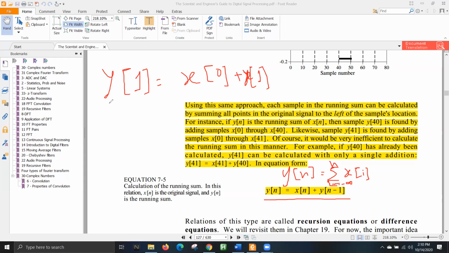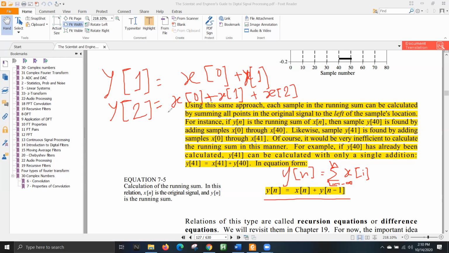Then for y[2], if you wanted to calculate y[2] now, you would have to recalculate all these points again, right? You'll have to use x[0] again plus x[1], which you calculated for the previous sample anyway. For y[1] you calculated them before, but now you're recalculating them and adding them with x[2] to get y[2].